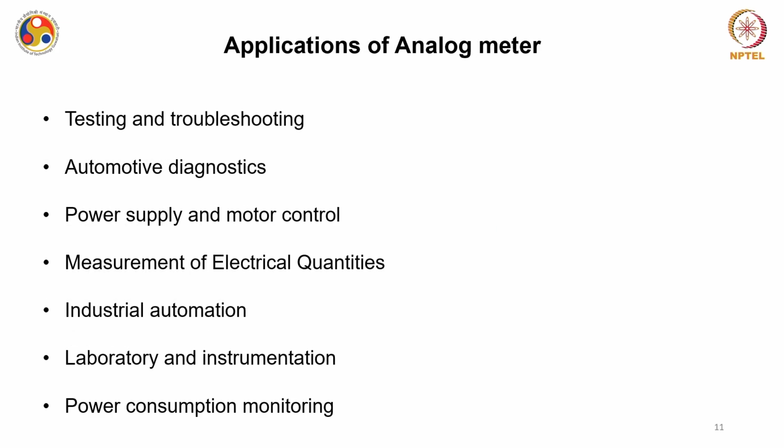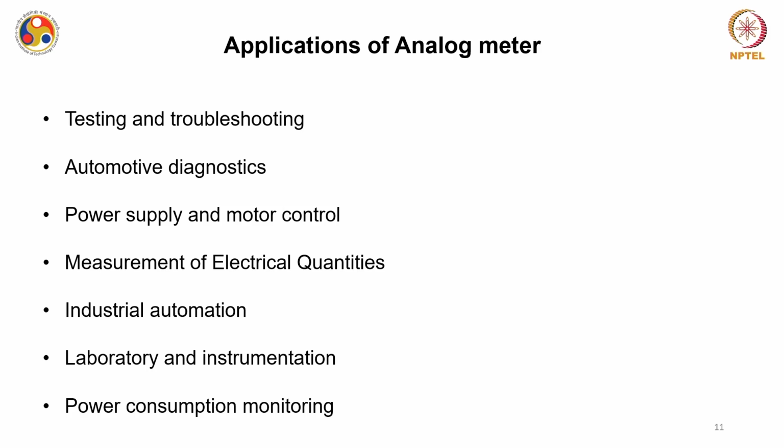So, the applications of these analog meters are tremendous, starting from testing and troubleshooting in some industry or for certain equipment. Then in automotive diagnostics, in power supply and motor control, and measurement of electrical quantities. Across any electrical, electronic, mechanical or any other laboratory, you will find that a lot of these analog meters are kept just for measurement of electrical quantities.